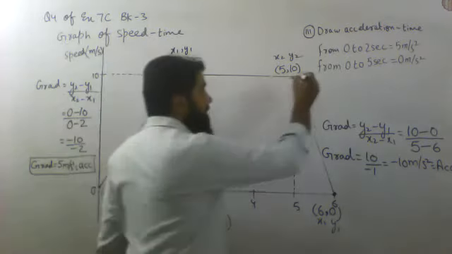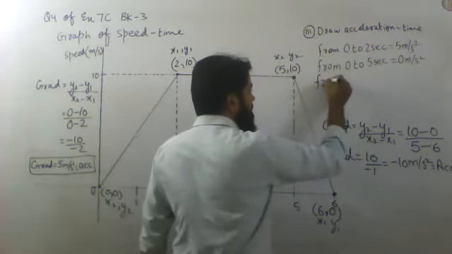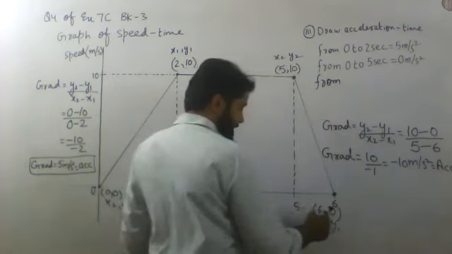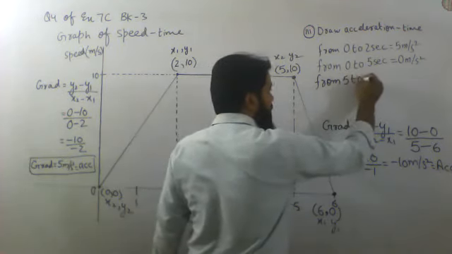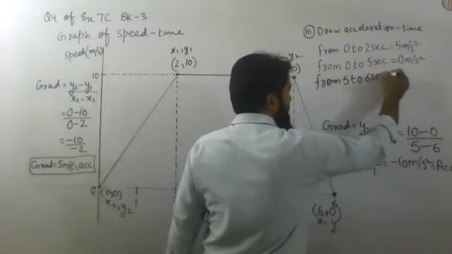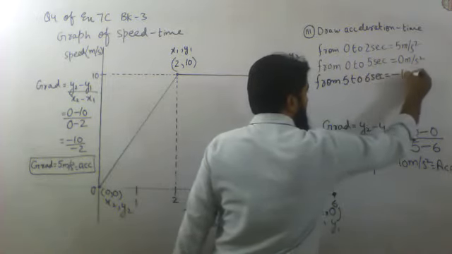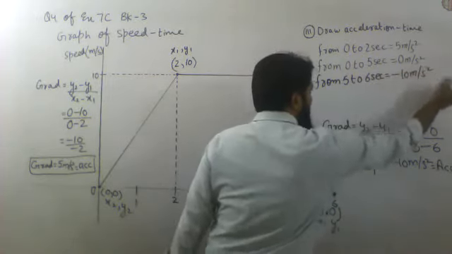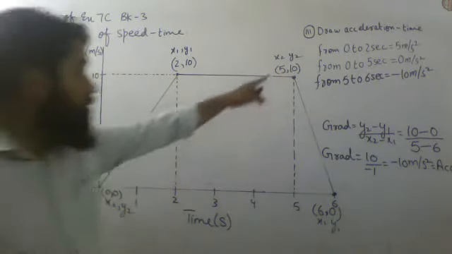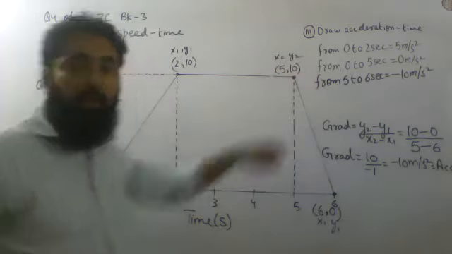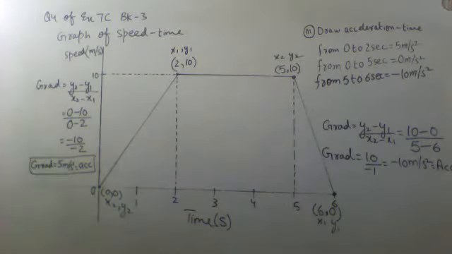So from 5 to 6 seconds, it is minus 10 meter per second square. So now I am going to use these three to draw my acceleration time graph.